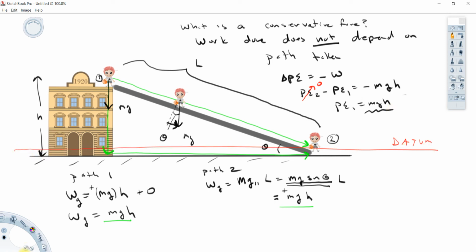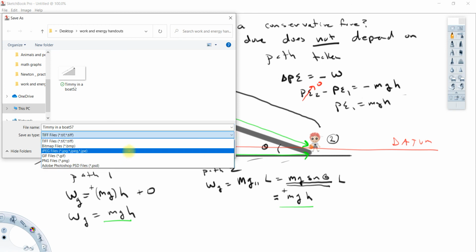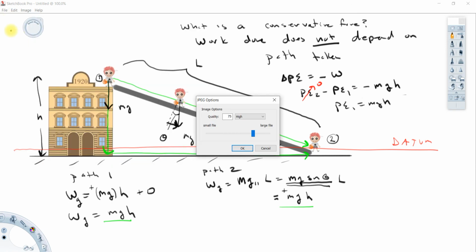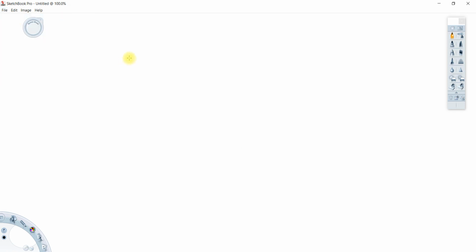So, next question is, where are we going to use this? Well, what we're going to do, and I think I'm going to need a little bit more room here, so I'm going to actually save this picture. So let's say we have some sort of system.